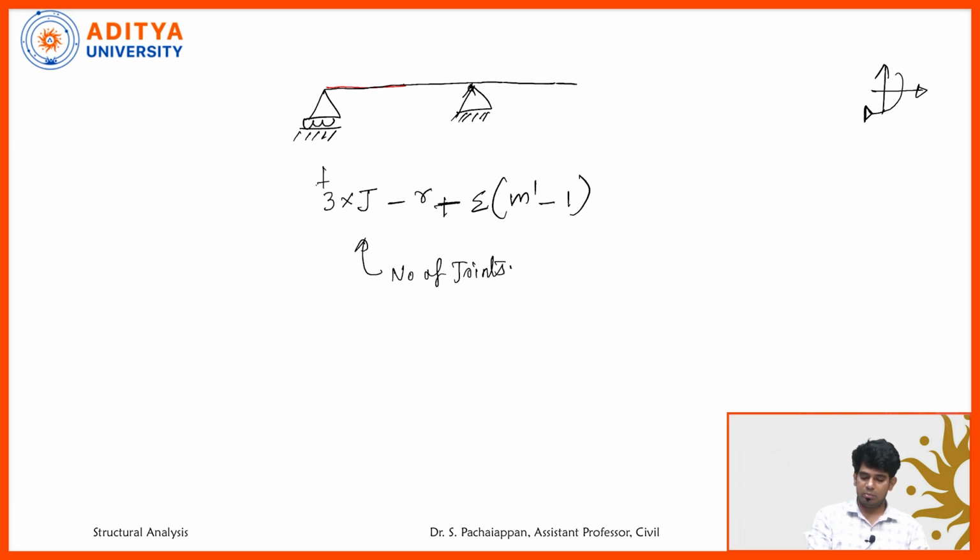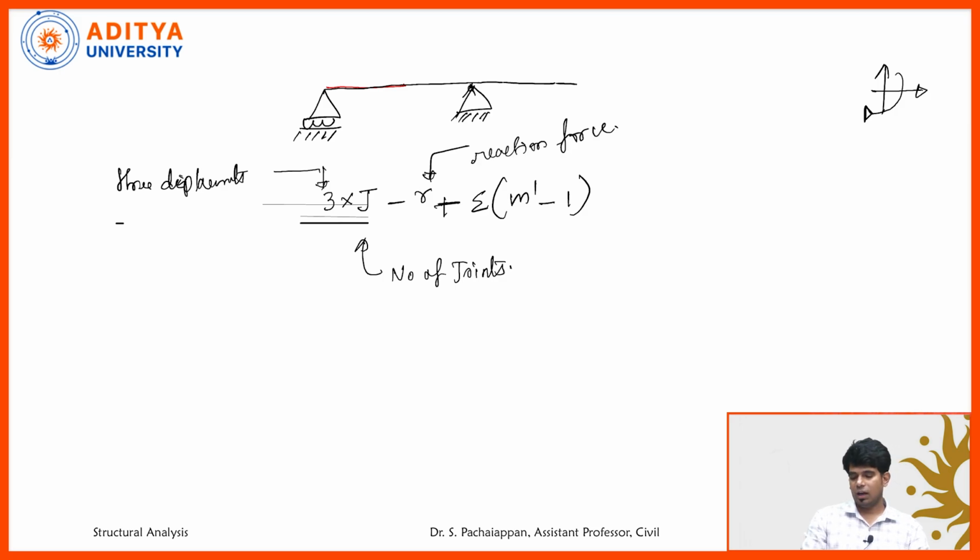This 3 is nothing but the 3 displacements possible at every joint. r is the unknown reaction forces, and this m dash minus 1 term appears whenever we have an internal hinge. Only when we have an internal hinge do we get that term.